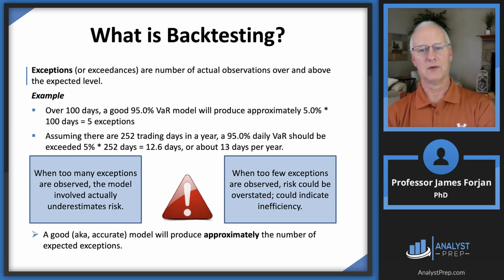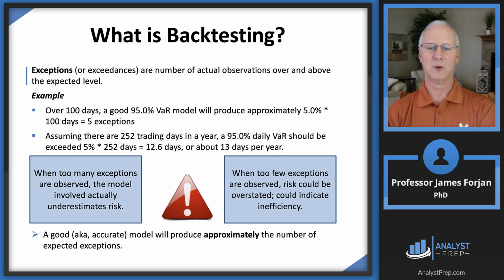On the other hand, when too few exceptions are observed, boy, that risk is probably overstated, and then we run the risk of having an inefficient model. I mean, we could just reasonably say, oh, our value at risk is $1 trillion and then not worry about it. But that doesn't really make sense. It's not very practical. It's not very pragmatic, and it's certainly not accurate.